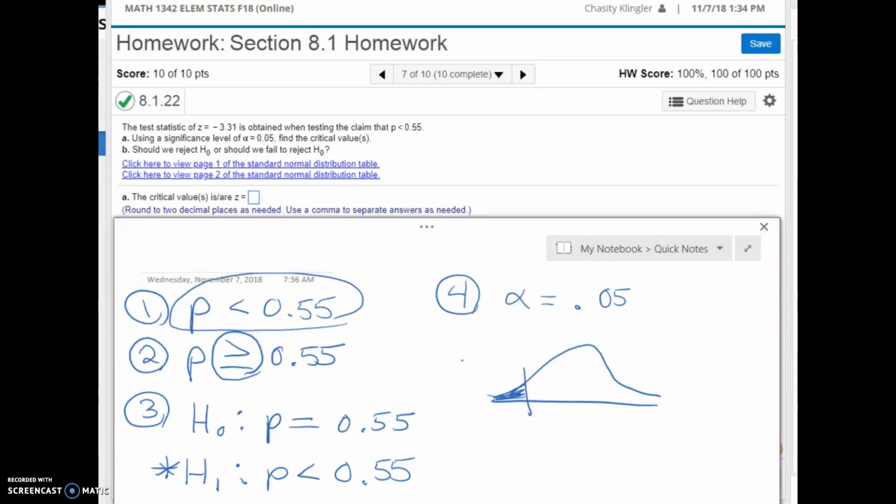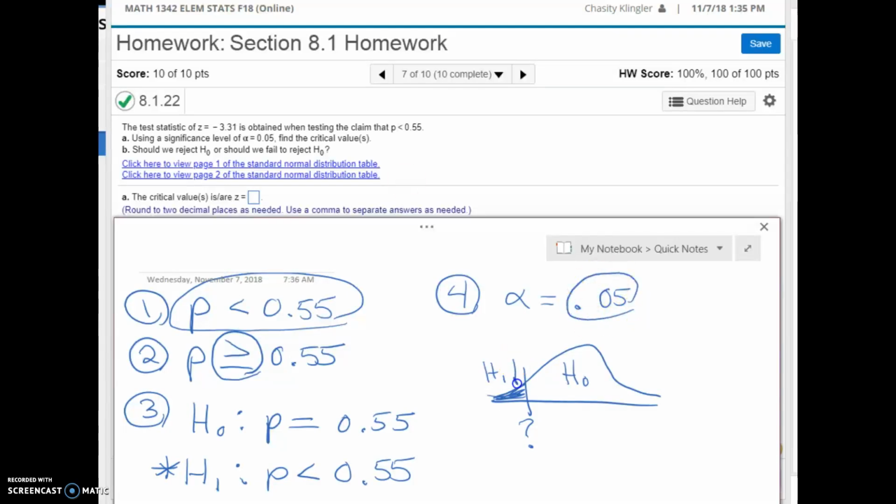So we need to find our critical value so that we can then test it against the test statistic. Now when you're testing it, the unshaded region represents the null hypothesis, and the shaded region represents the alternative hypothesis. To find the critical value, you do the same thing as we did in the last section using our alpha.